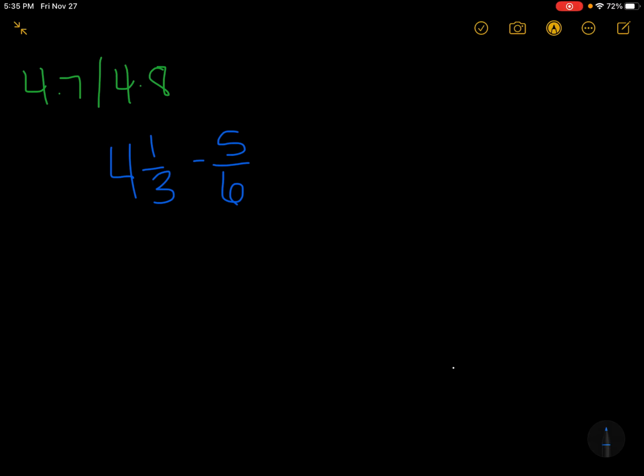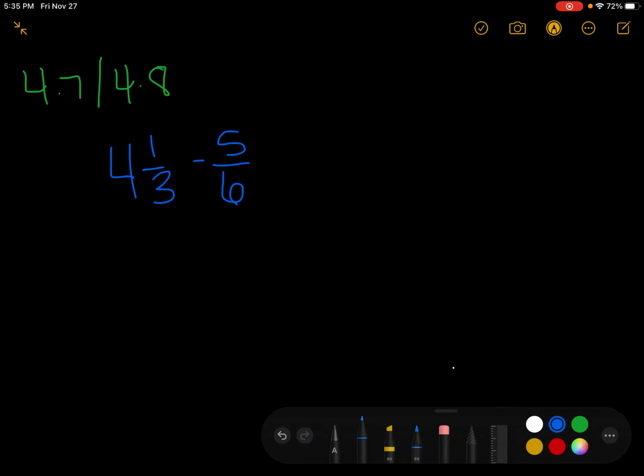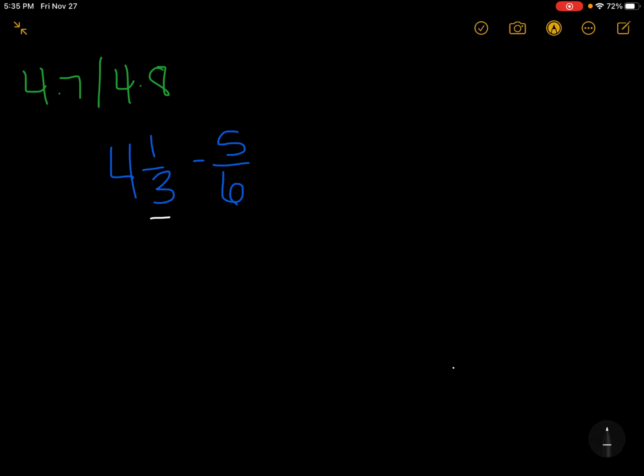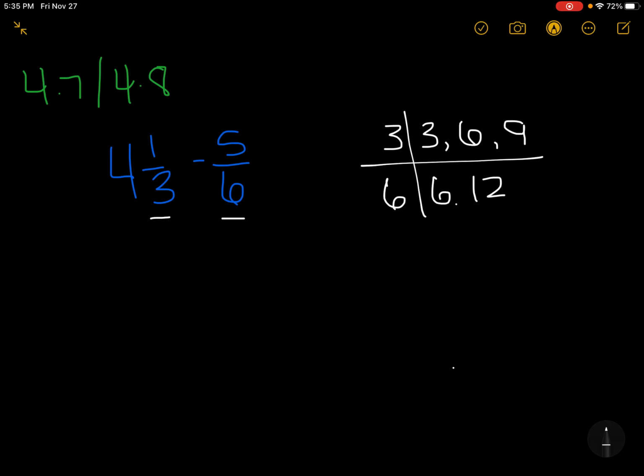So I'm simply going to be looking at the fractional parts of this problem. I'm going to be looking at 1/3 minus 5/6, which I can't do because they do not have the same denominator. Let's find that common denominator by creating our t-chart and listing the multiples of each of those denominators.